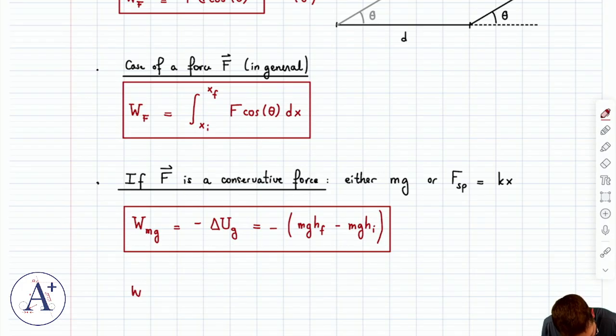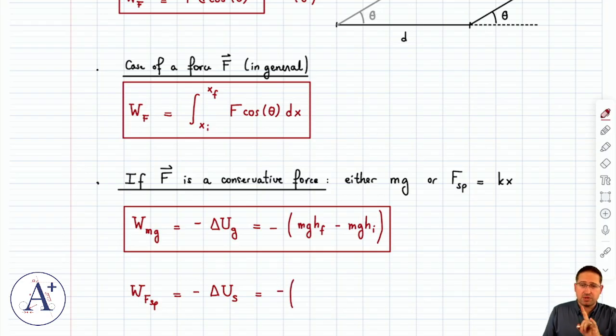All right? What about the work done by the spring force, F sub SP? Well, that's going to be minus delta U sub S. Where does the elastic potential energy come from? One half kx squared comes from the spring force kx. It's a special force. It's a conservative force because associated with the force is a potential energy called the elastic potential energy.